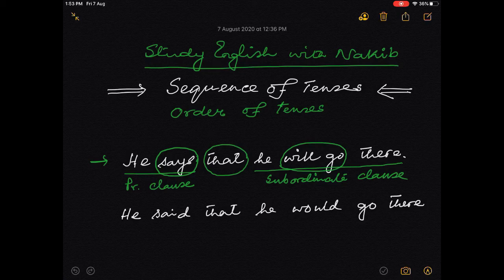So, it has also one tense, it has its own form. Tense means the form of the verb. So, we got two verbs in this one complex sentence. Why two verbs? Because this complex sentence has two clauses. One is principal clause, another one is a subordinate clause.